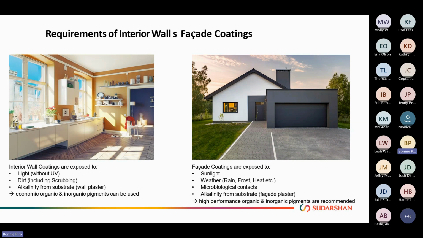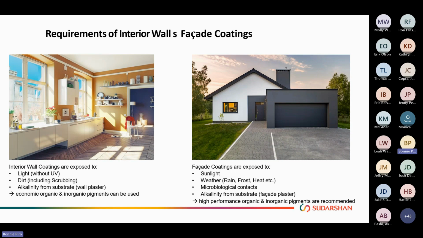The next thing to consider is dirt. People are going to clean their walls, so some scrubbing resistance might be of importance. Part of the formulations these go into allow for all of the paint making additives that you need to put in there, because the pigment concentration is so high.